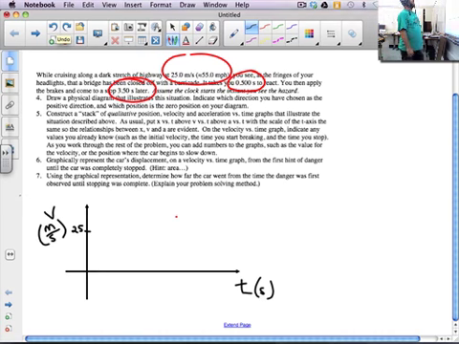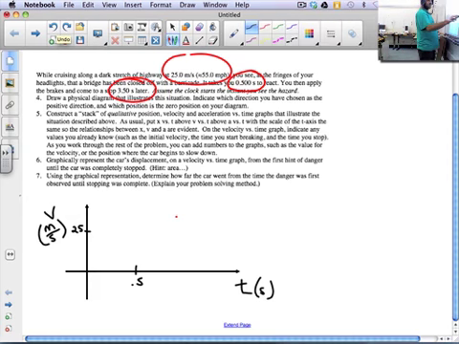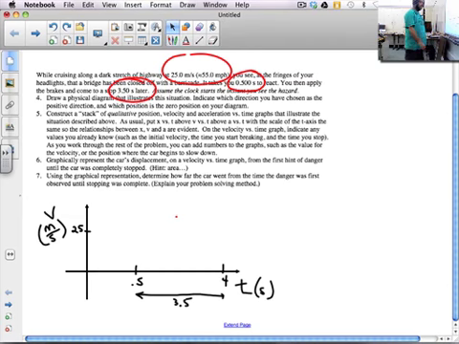And it takes you half of a second to react. This graph doesn't have to be drawn to scale. So after half of a second, you start to apply the brakes, and you stop 3.5 seconds later. So that means it's not until 4 seconds you stop. So this is actually 3.5 seconds.